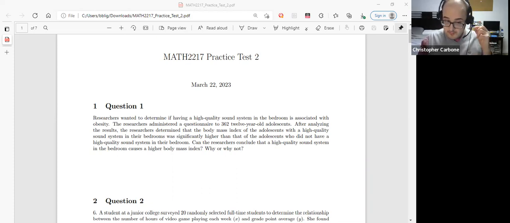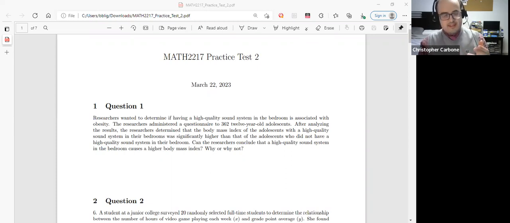My first question on here, I have researchers want to determine if having a high quality sound system in the bedroom is associated with obesity. The researchers administered a questionnaire to 362 12-year-old adolescents. After analyzing the results, the researchers determined that the body mass index of the adolescents with a high-quality sound system in their bedrooms was significantly higher than that of the adolescents who did not have a high-quality sound system in their bedroom.